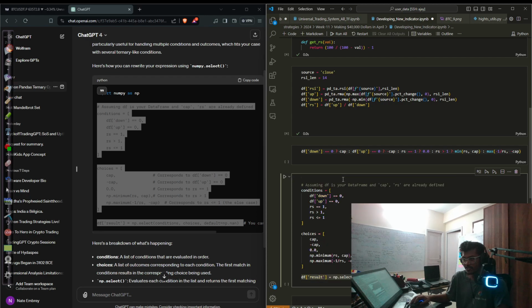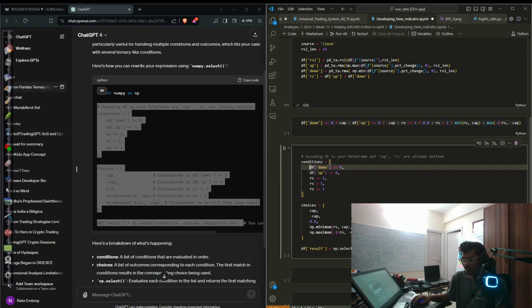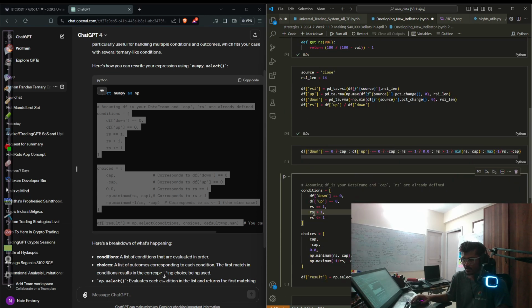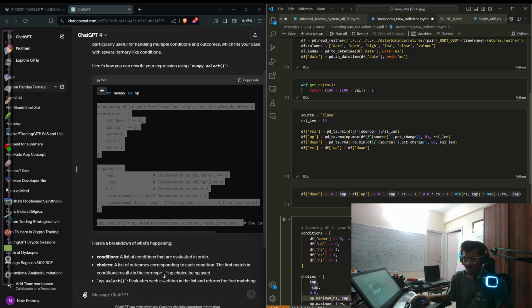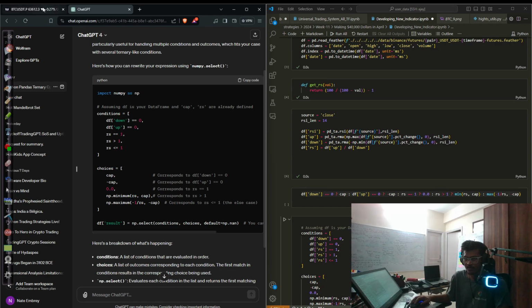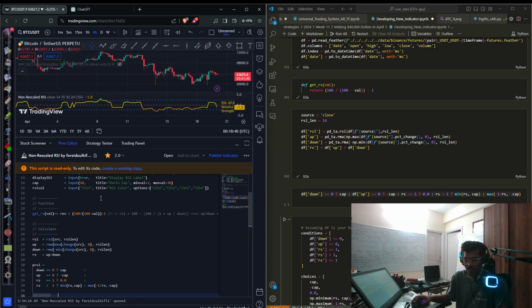Yeah, thank you ChatGPT. So if down is 0, this rs, what is rs? This. All right, so got this. And what is cap? Cap is some kind of variable, I think. Hang on.